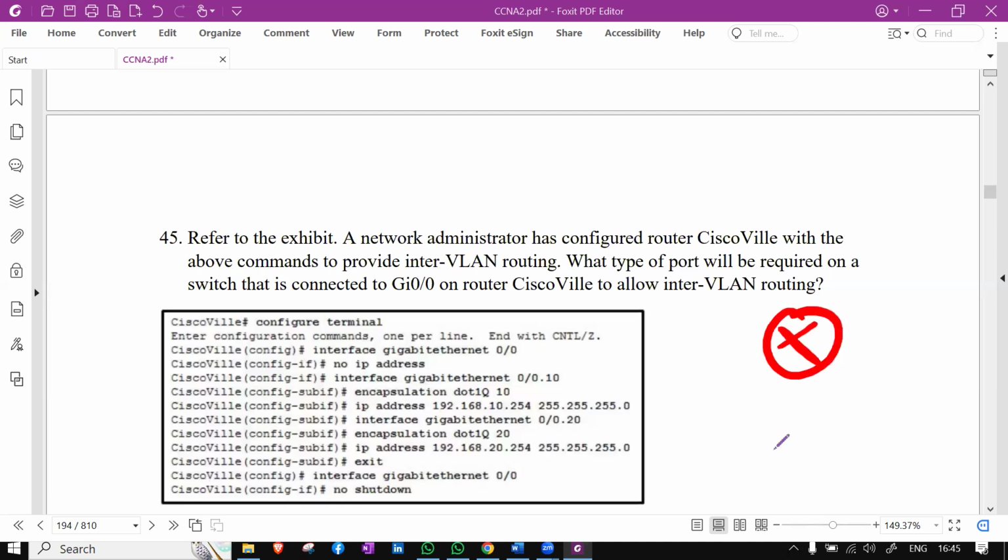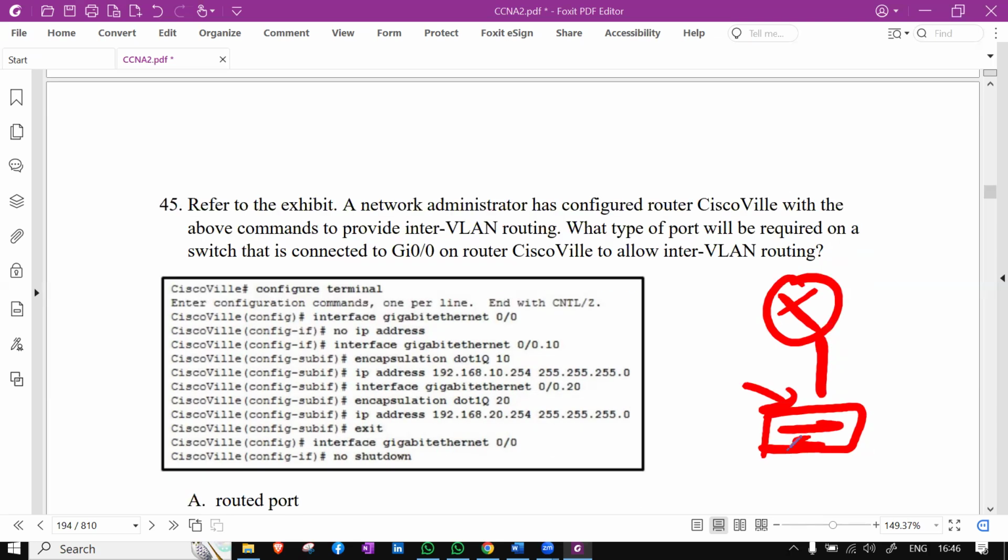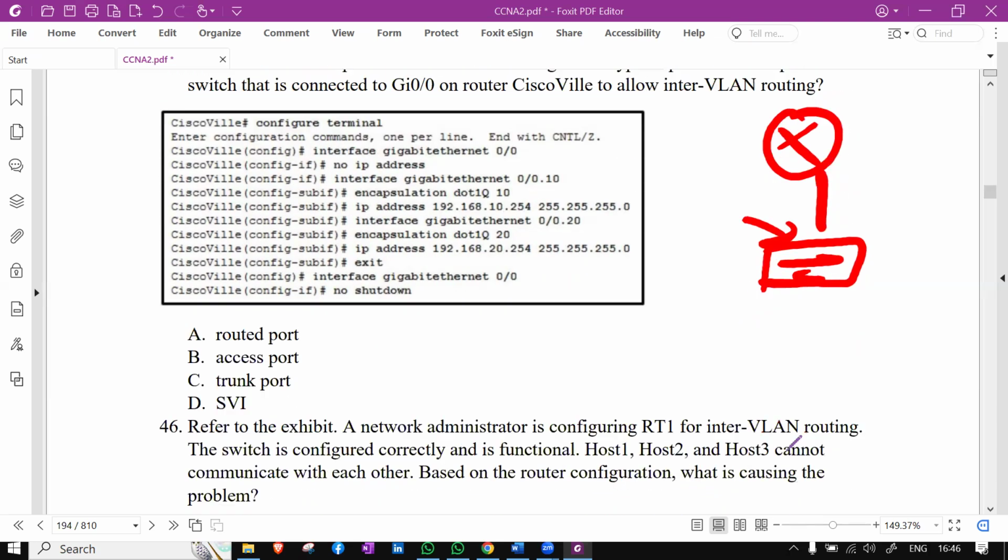So to a router, to a switch, a router on a stick configuration, the port is obviously a trunk. I don't see anything else wrong: .10, .10, .20, .20. My answer is C.